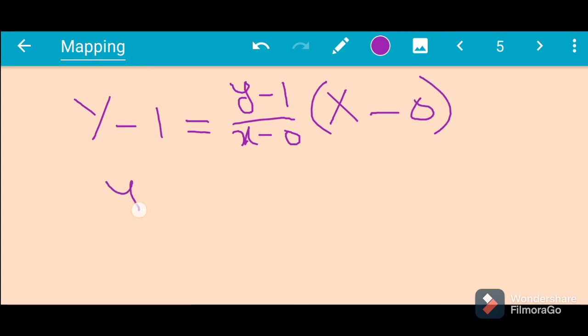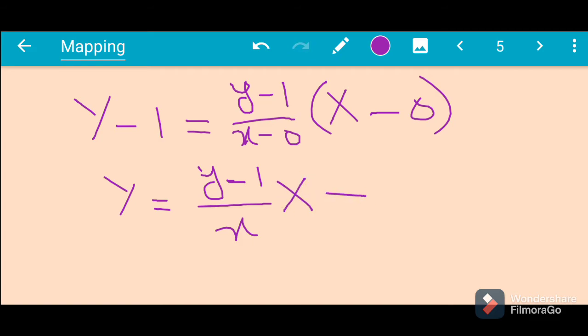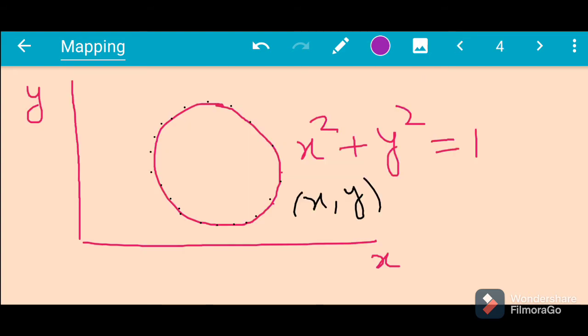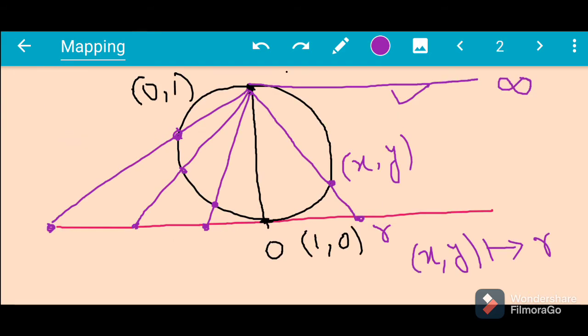Better to use capital letters for the running coordinates. So basically capital Y is equal to ((y minus 1) divided by x) times X plus 1. So this is the equation of this line.